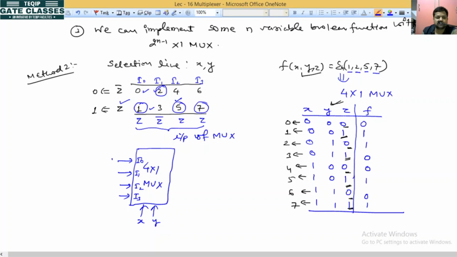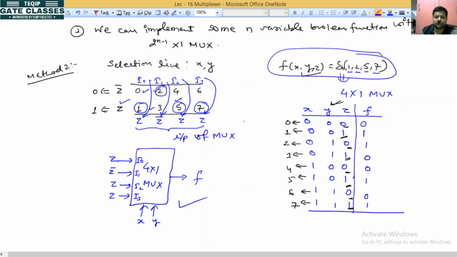I0 is z, so place z here. I1 is z bar, so place z bar here. I2 again z, I3 again z. You see here. And what is the output? Output will be f only. So this is the implementation of the function.